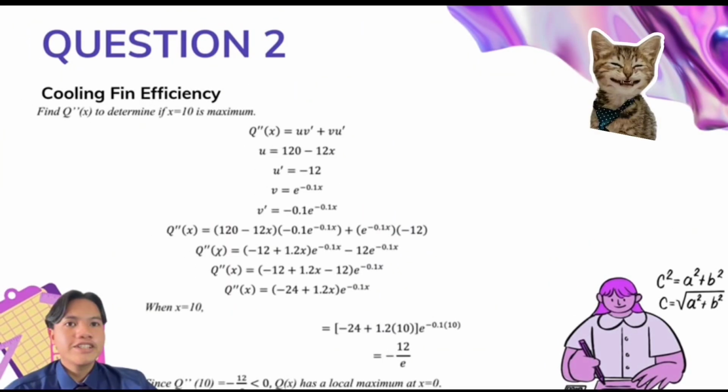After differentiating Q prime x, we insert the value of x into the equation. Then the answer will be negative 12 over e, which is less than 0. This means that after inserting the value of x, Q prime x decreases, which proves that the peak point is x equal to 10.